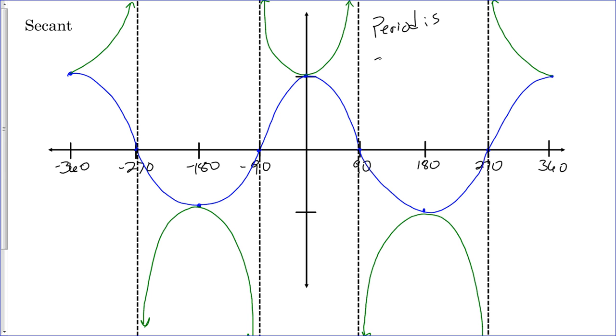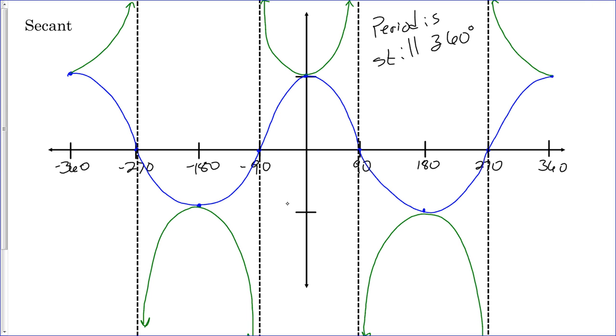And again, the easiest way to draw the secant graph is to draw a cosine graph, put in asymptotes at every place where the cosine graph crosses the x-axis, and then simply draw in your parabolas in between those asymptotes. All right, that's the easiest way to draw a secant graph.